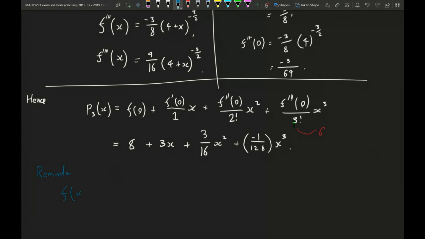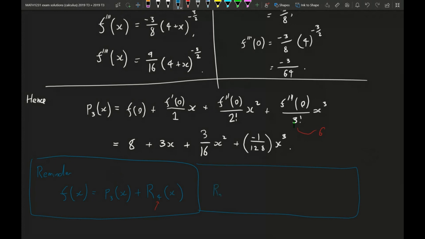So f of x would be the third degree polynomial plus what we call in the notes the Lagrange remainder. Now, this notation is actually quite nice because when you look at the remainder, you do see this number turning up quite a lot. So I might write down what the form of the Lagrange remainder is, and then we'll just put it in for our particular case.